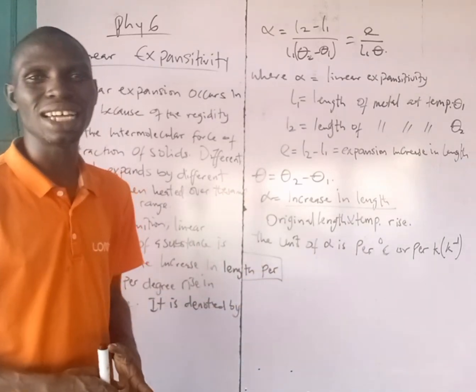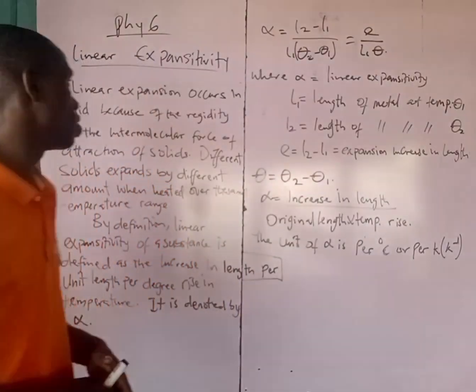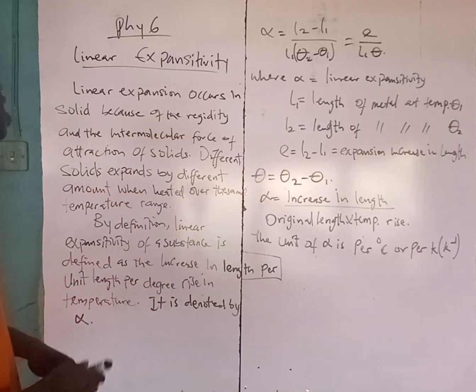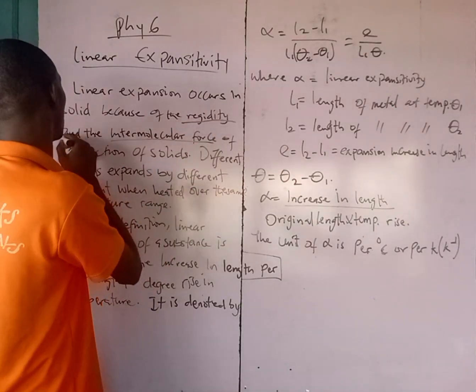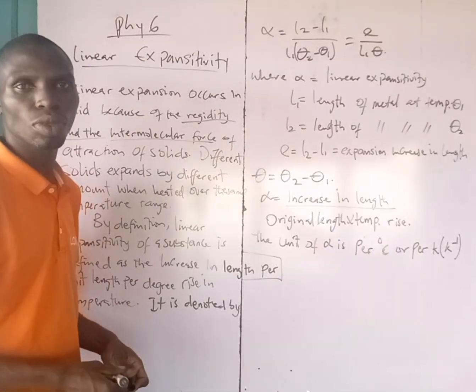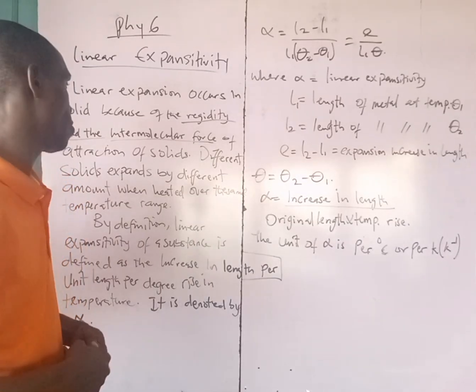So solid have a tendency of expanding when it is exposed to heat. Why? Because of its rigidity and because of its intermolecular force. These are the things that contribute to the ability of a solid to expand when exposed to heat.